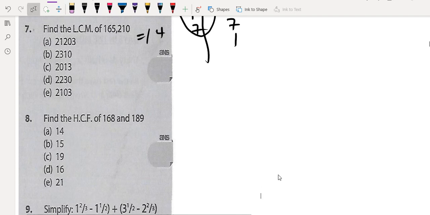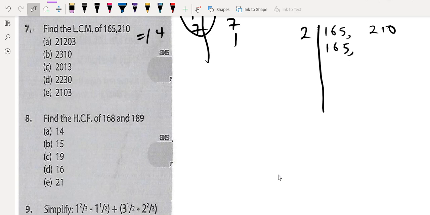The LCM of 165 and 210. Can 2 go into anyone? Yes. 2 into 210. I need your response. Can 2 divide anyone? No. Can 3 divide any?